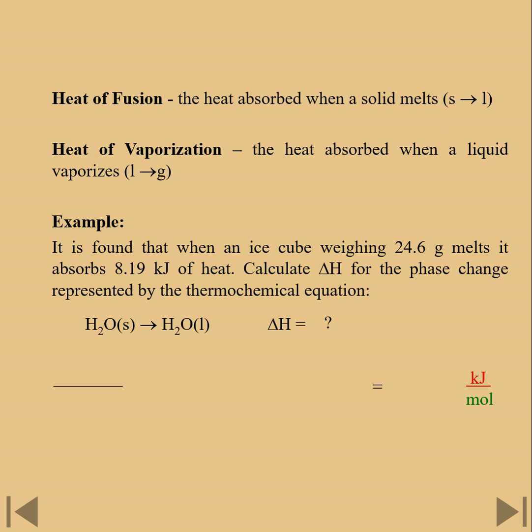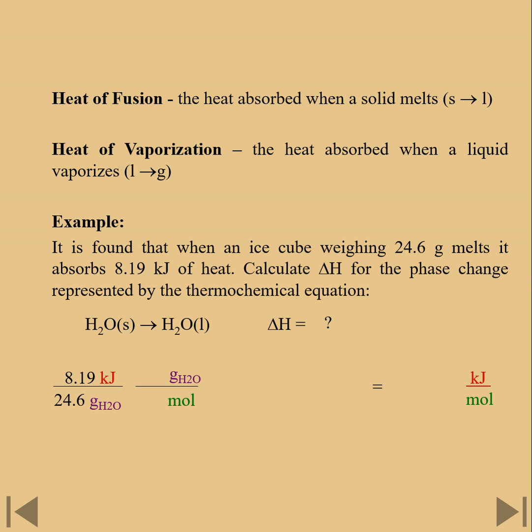Okay, now do note, for step 2, we're looking for a number with a single unit over another number with a single unit, and we have kilojoules. So the 8.19 kilojoules goes on top. And how are we going to go to moles? Well, we actually have the mass. So the 24.6 grams of water goes on the bottom, and it looks like we only need to take care of our denominator, so out of grams of water, and yes, we sure can go to moles.